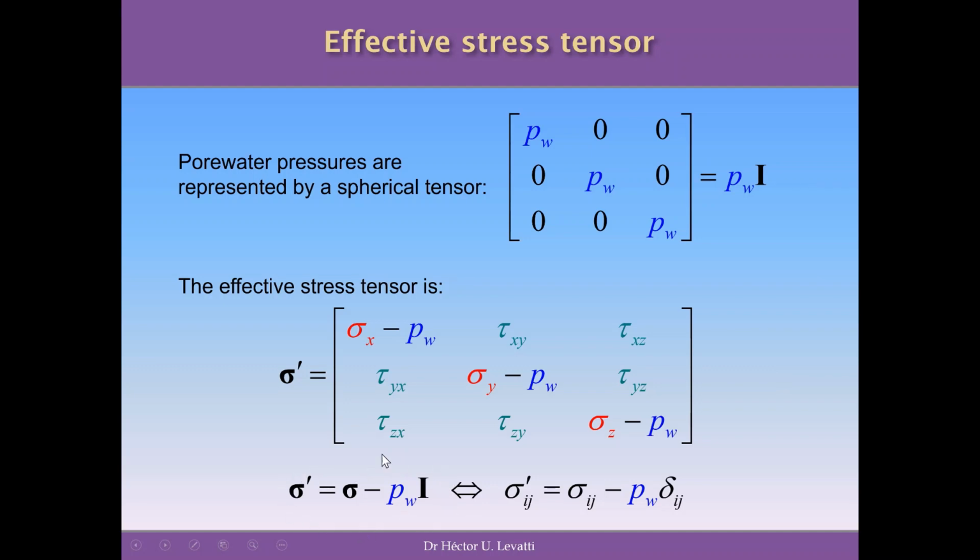This is a more compact expression of the expression you have on top, and this is the index notation for this definition of the effective stress in a three-dimensional problem using the concept of a tensor, which is a concept that is used in any decent computational software these days.